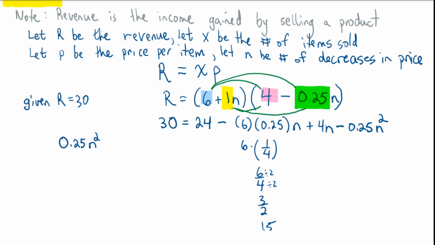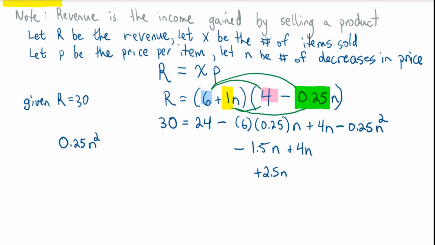You could just toss in your calculator, but fractions. So we have 1.5n. Let me just replace this. I'm just going to do a little side here. So we have negative 1.5n here plus 4n. Well, what's that equal to? Negative 1.5n plus 4n is 2.5n. So we have a positive 2.5n on the right side.